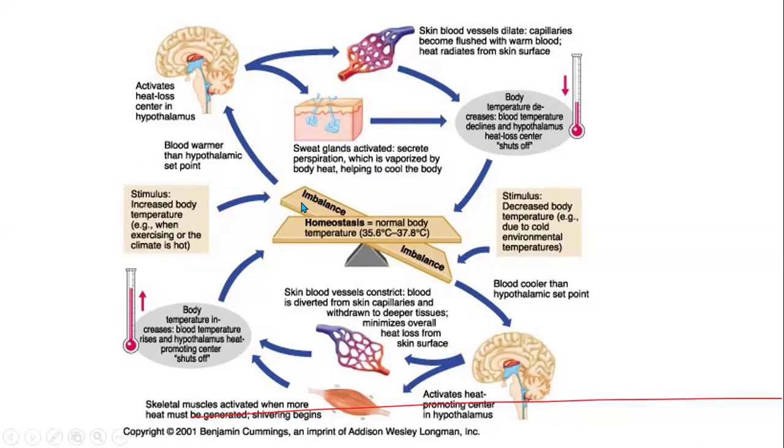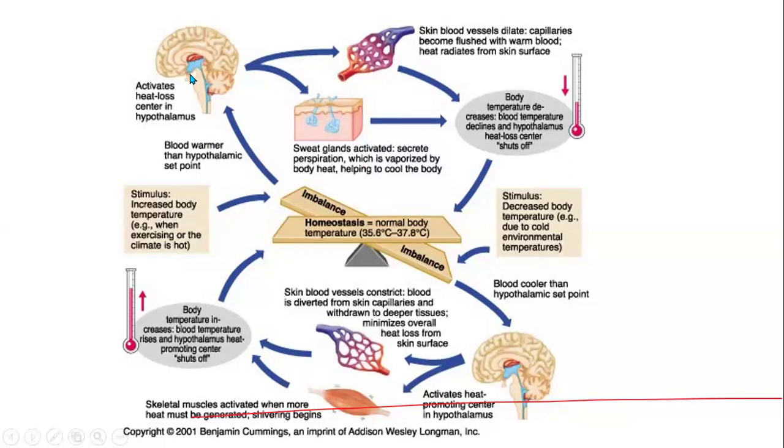Then when the blood is flowing near the surface of your skin, like your arms, your legs, the blood is going to become warmer. As this blood circulates, it goes to the hypothalamus. Now, in the hypothalamus, the blood will be detected to be warmer than normal. That's above the set point.